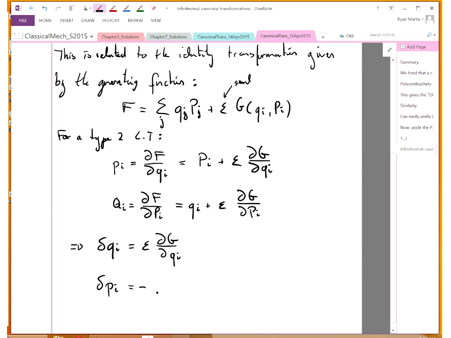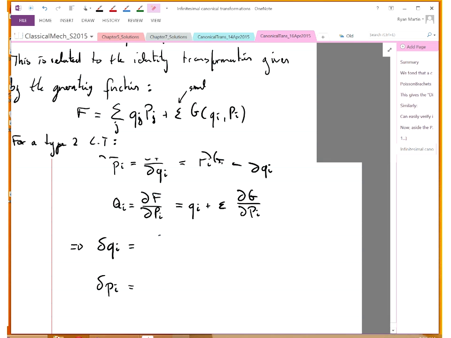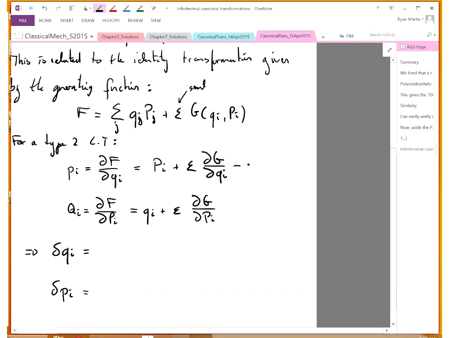The delta pi is minus epsilon times the derivative of g with respect to qi. Sorry, let me start over again. I look at my equations here.